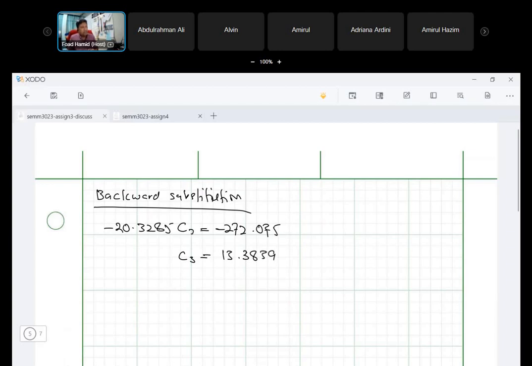Take note, your answer might be slightly different than mine because this solution is using my calculator, where my calculator can straight away solve it.